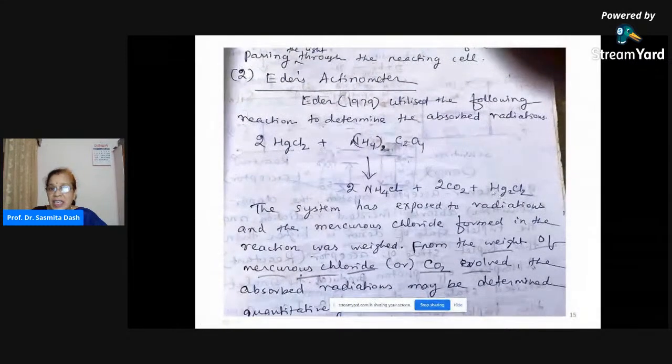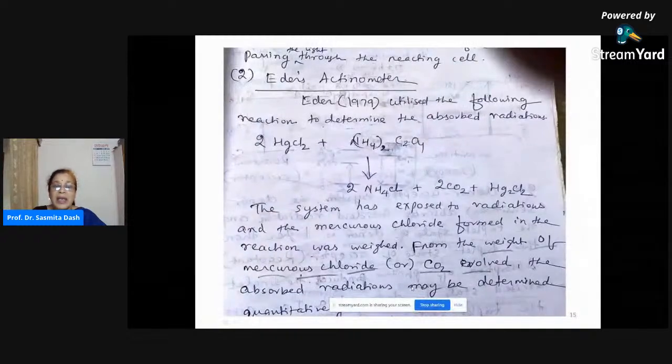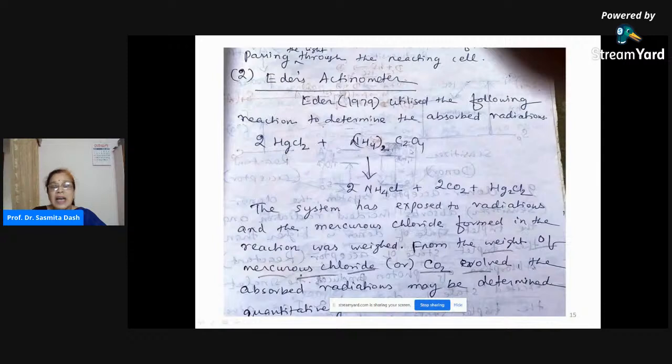The weight of the mercurous chloride before and after the reaction, or the carbon dioxide evolved during the reaction, can be determined and used for calculating how much of the reactants have been consumed in what extent of time, so that the radiation can be measured according to the photochemical reaction taking place.